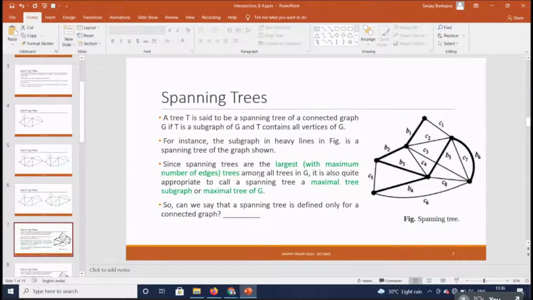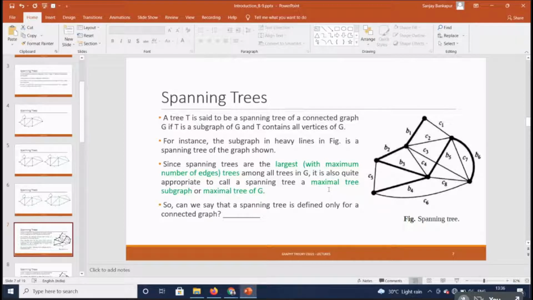Spanning trees are the largest trees among all trees in G. In the last class I did mention, for a given graph, say a complex graph with 100 vertices, there can be so many edges, self loops, and parallel edges.